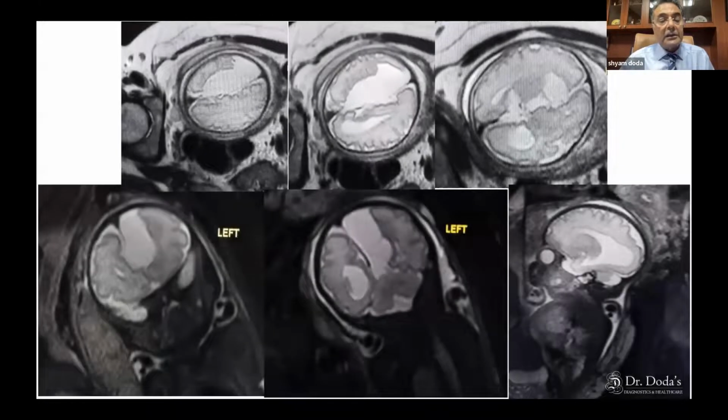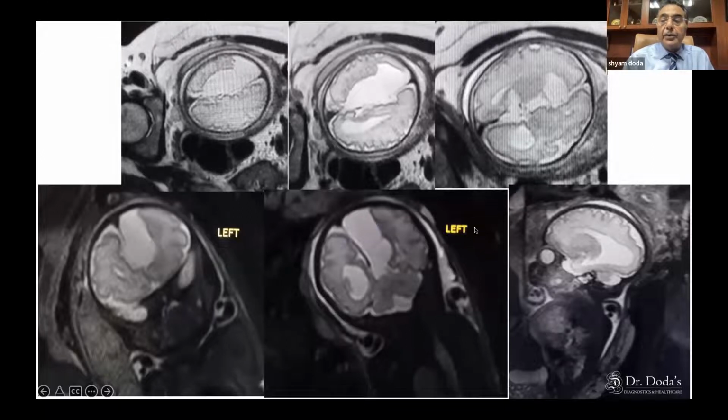Now, this is a case which is showing dilatation of the ventricle. Of course, partly there is some brain parenchymal loss also, which is making this CSF signal intensity area extend right up to the periphery. It's almost geographical in the posterior and superior portion of the brain parenchyma.